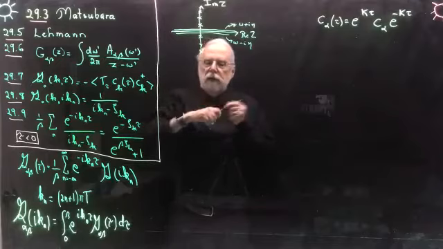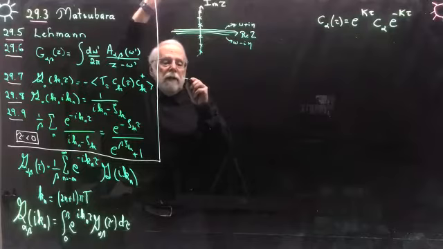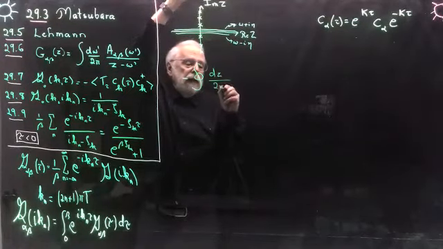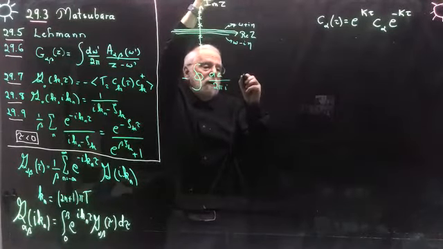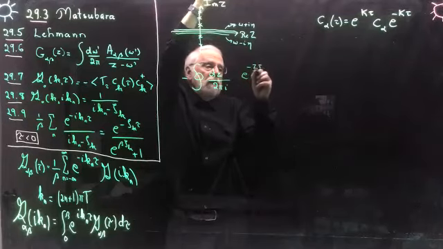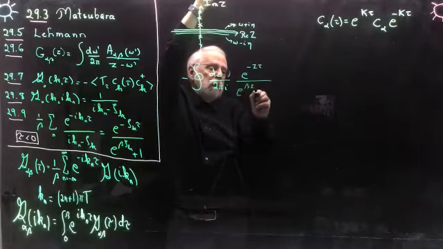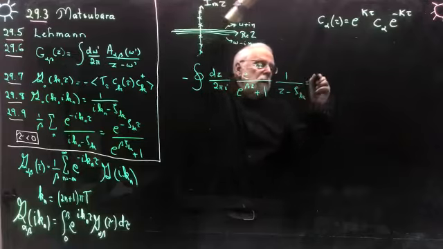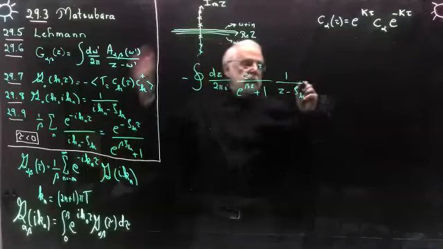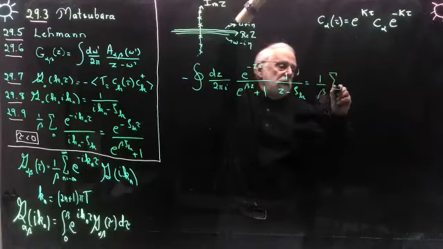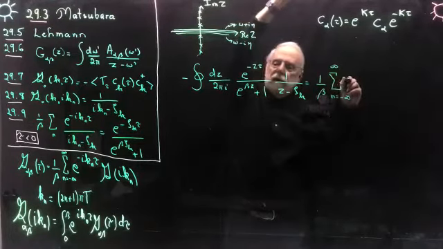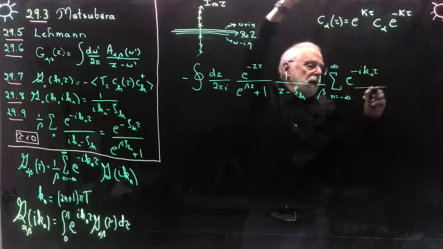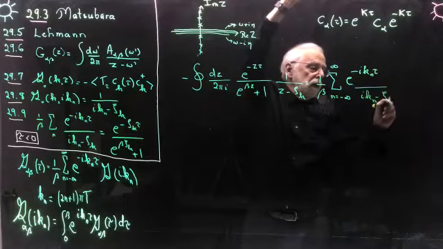The first statement is that minus the integral over a contour that I will define in a moment of dz over 2 pi i times e to the minus z tau times 1 over e to the beta z plus 1 times 1 over z minus zeta k is equal to 1 over beta times the sum n equals minus infinity to infinity of e to the minus i kn tau divided by i kn minus zeta k.